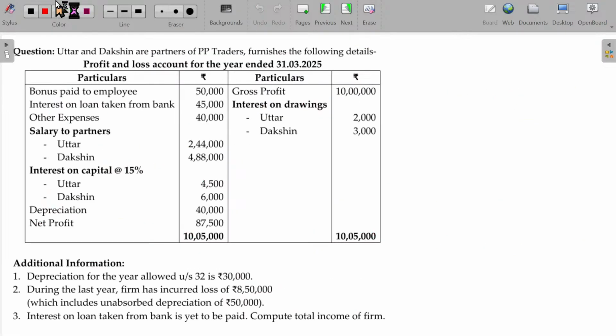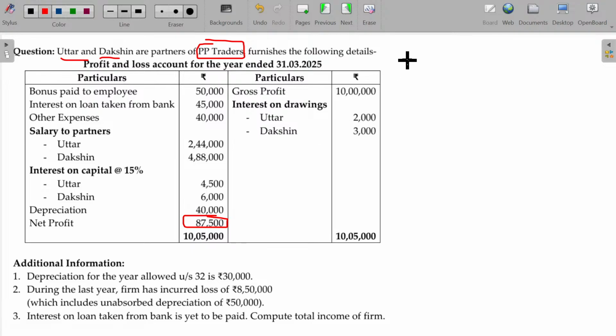Now, Uttar and Dakshin are partners of PP Traders. Furnishes the following details. Always start with the net profit given in the books and do plus or minus as per the provisions under sections 30 onwards.